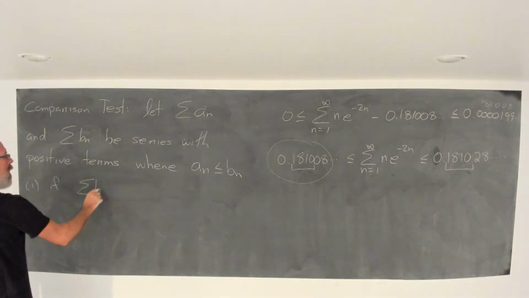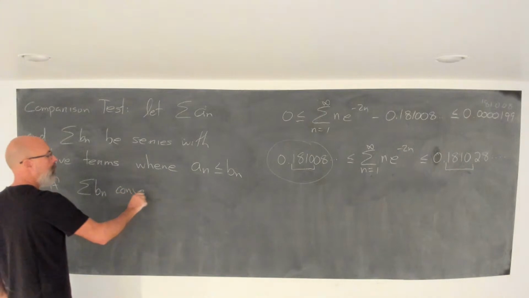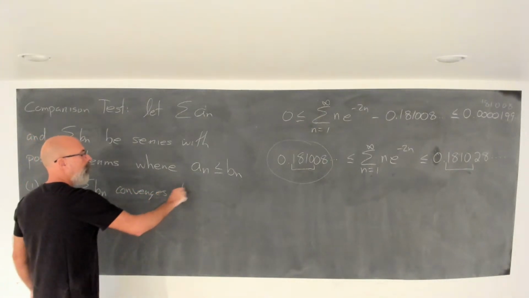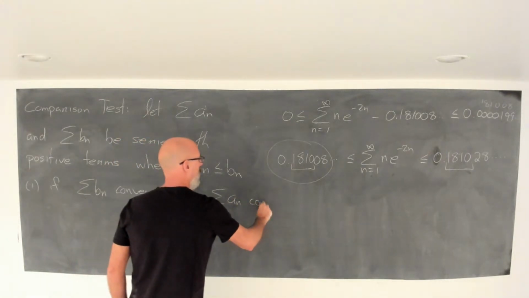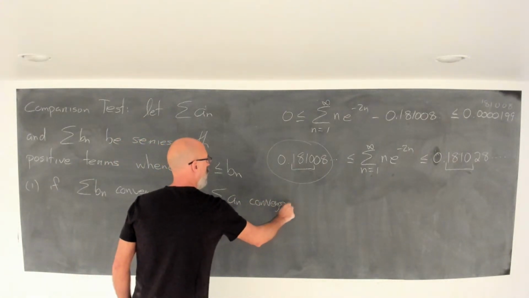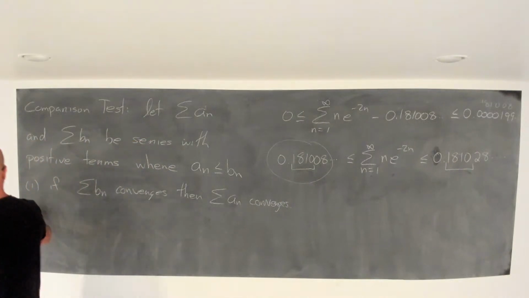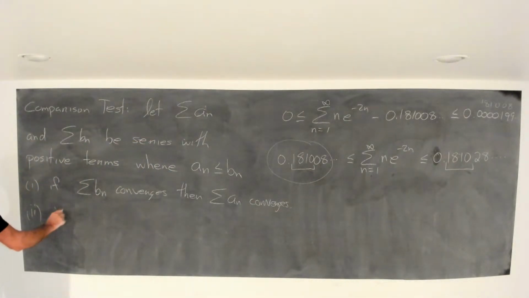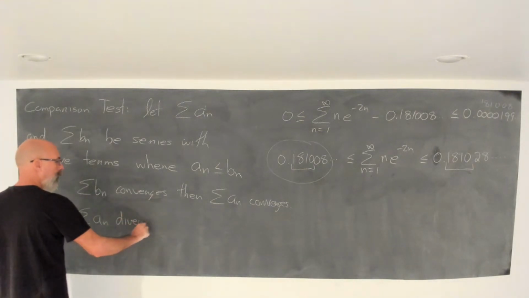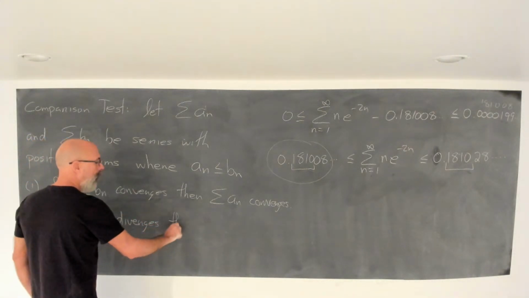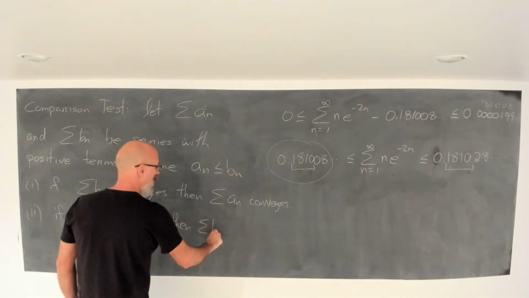If the series b_n converges, then the series a_n converges. If the series a_n diverges, then the series b_n diverges.